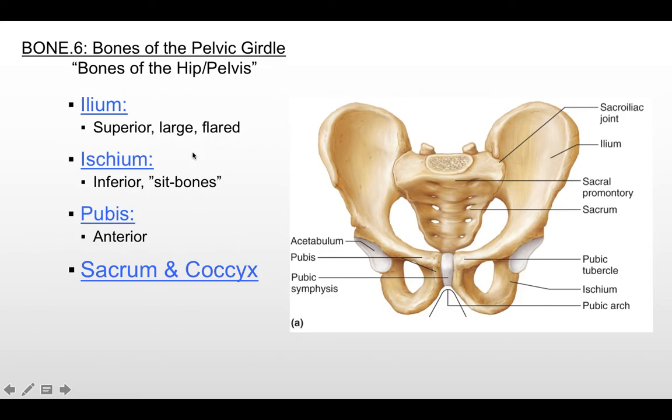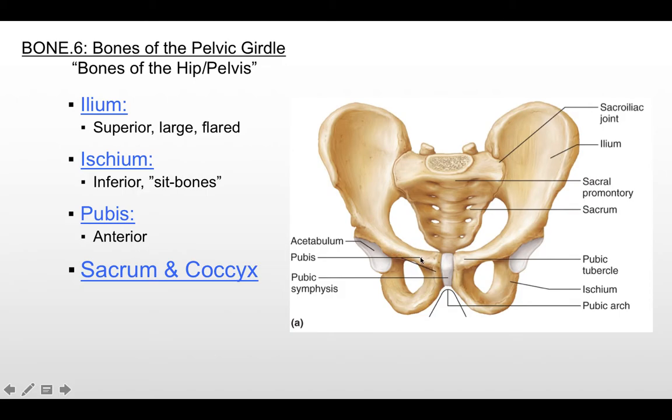The ischium is the lower bone, so they're the ones underneath here. They're known more as your sit bones. The shape that they form in between them also helps us determine gender. Women tend to have much wider arches in between their ischium, and men much more narrow, closer to 90 degrees.